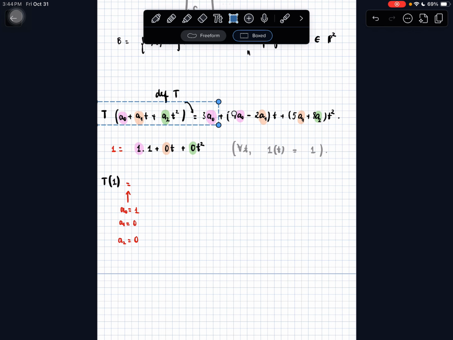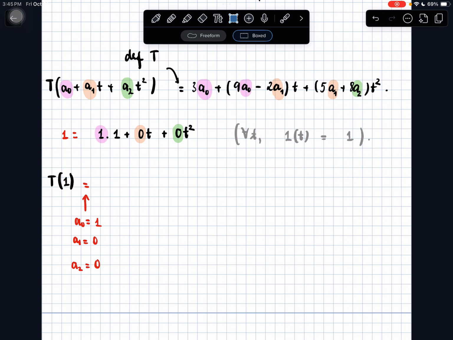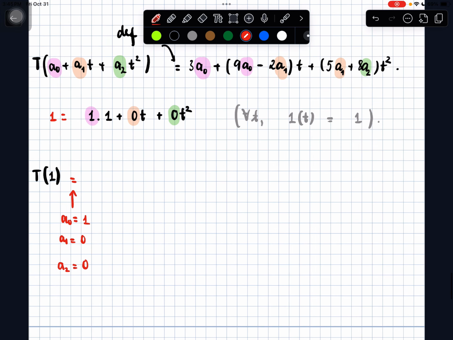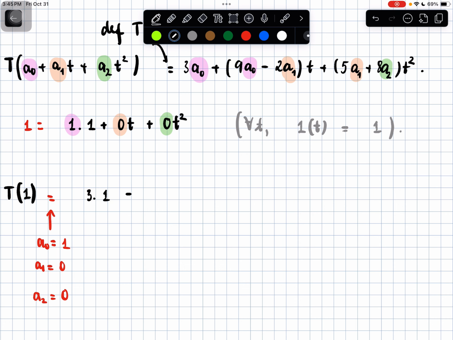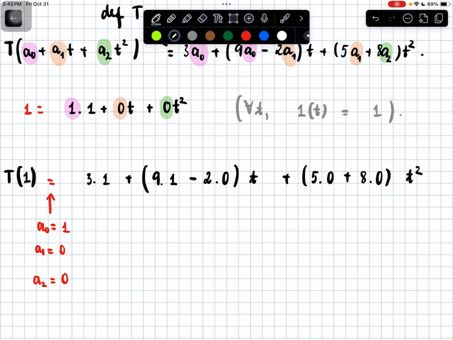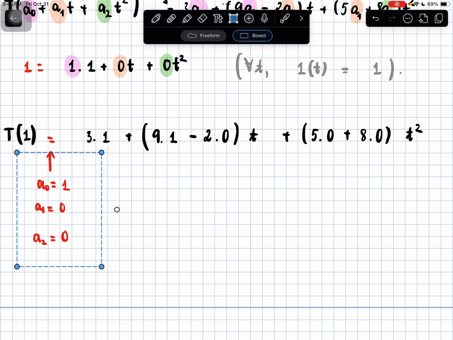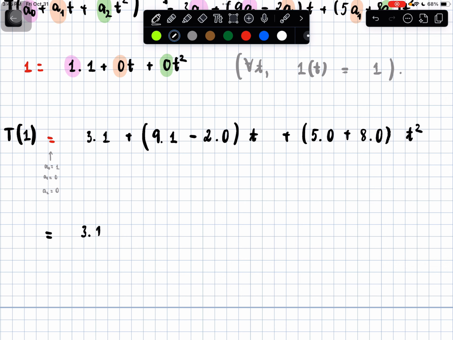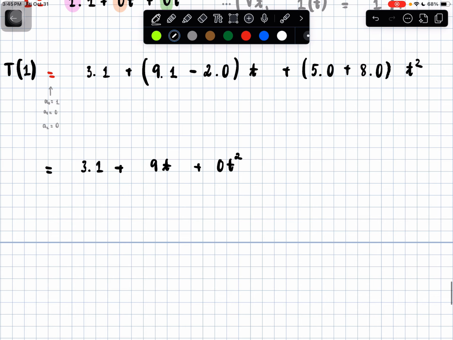So T of 1 is 3 times 1, 9 times t, 0 times t squared. That gives you the image of 1.